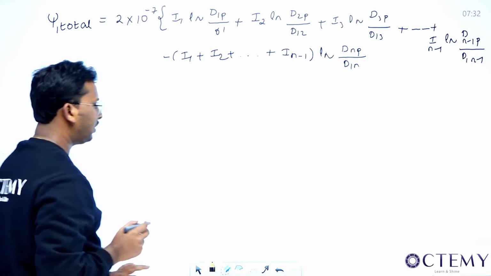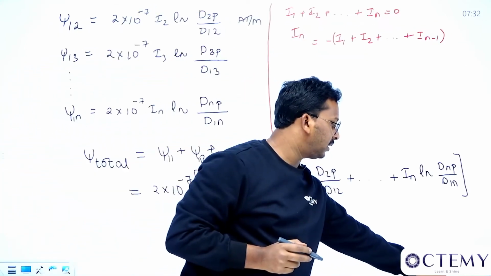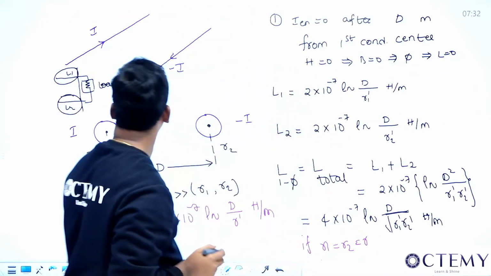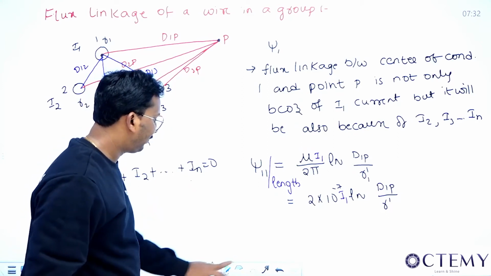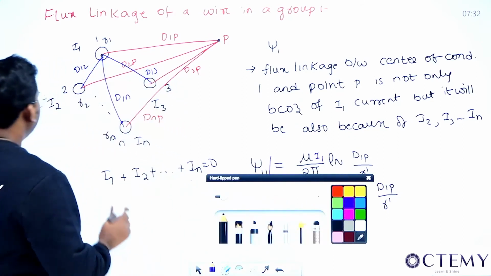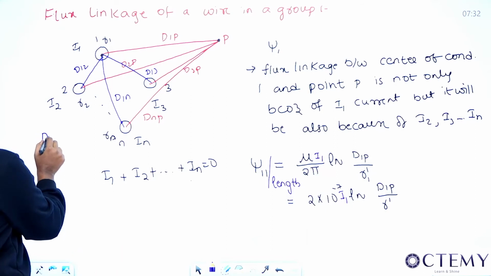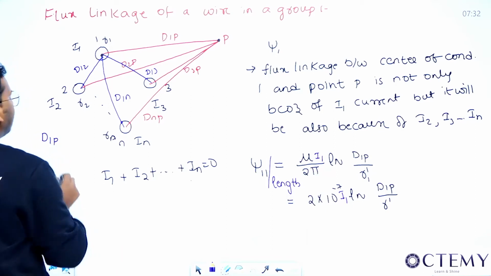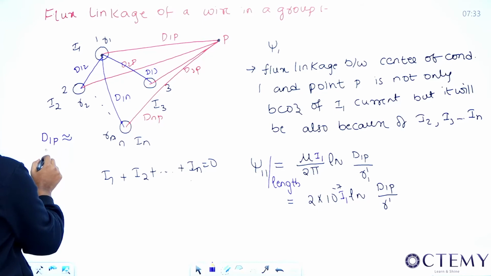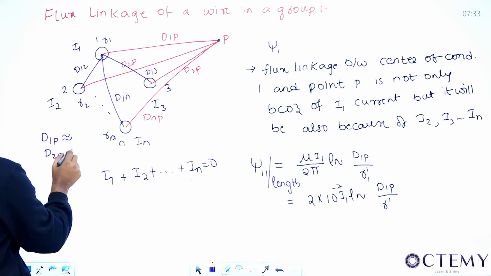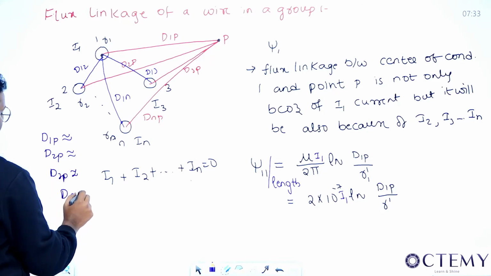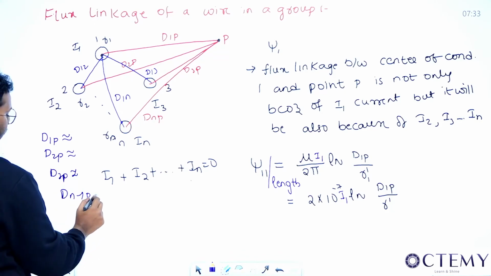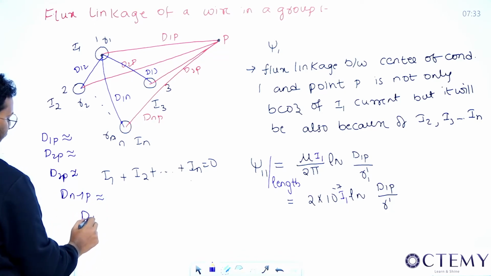Another important observation is the distances. Let me write the observation here. The observation is like this, sir. The distances, that is d1p is approximately equal to d2p is approximately equal to d3p is approximately equal to d(n minus 1)p approximately equal to dnp.